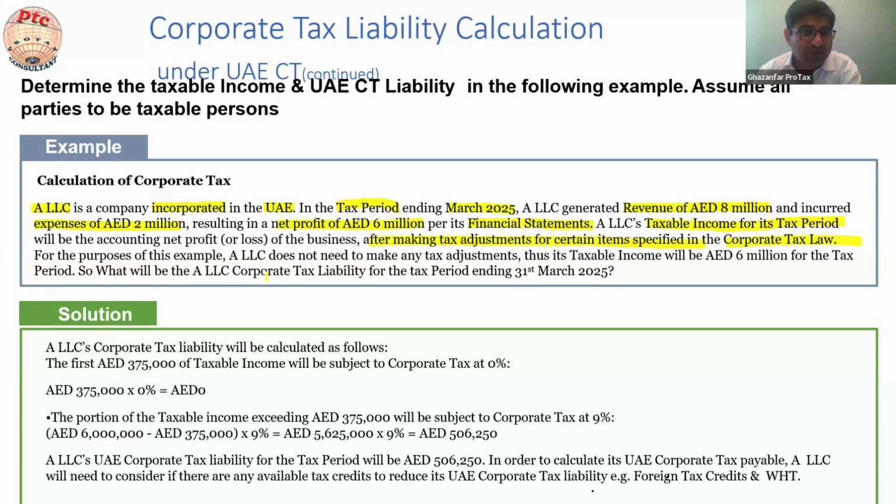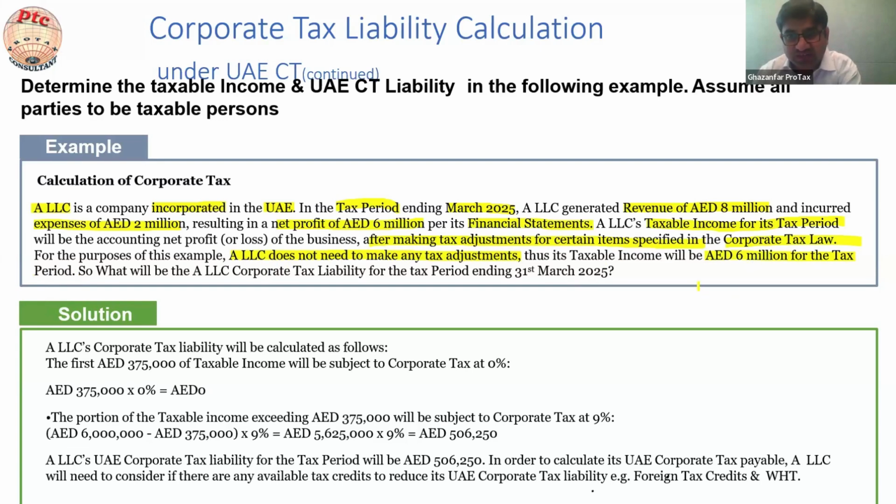For the purpose of this example, the LLC does not need to make any tax adjustment. We already went through a couple of adjustments in the last session, but here there is no adjustment; the example is simplified. Thus the taxable income will be 6 million for the tax period.